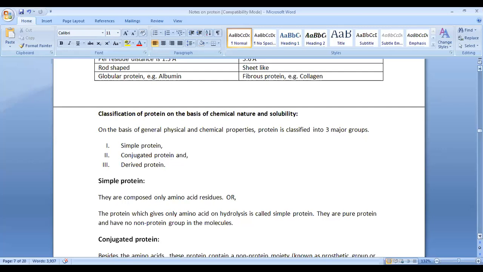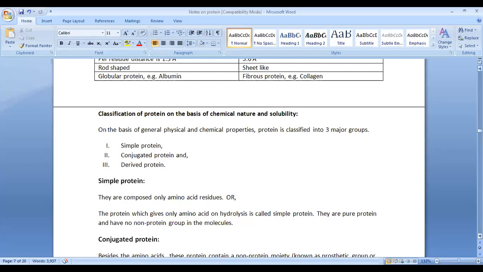Derived protein means changed. When we take our food, the food is protein, but in our body it can be broken down. Now think that one protein's weight is 50,000. In our body it is digested and makes two pieces. One is 20,000 Dalton and another is 30,000 Dalton. Are these two protein or peptide?